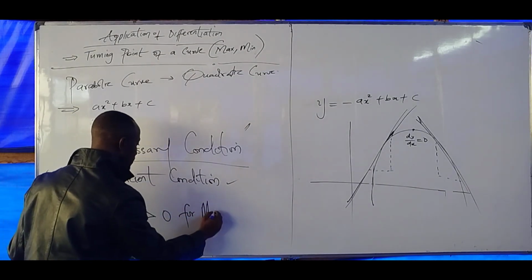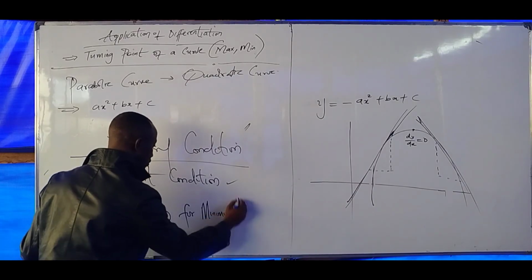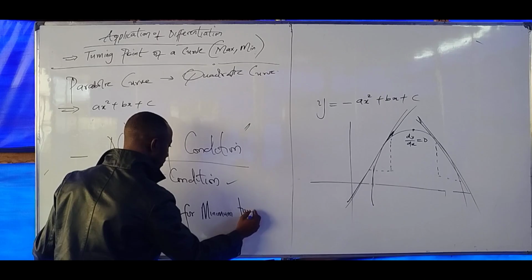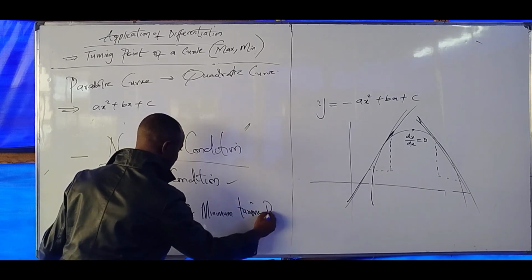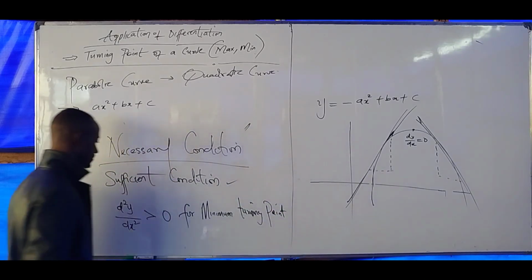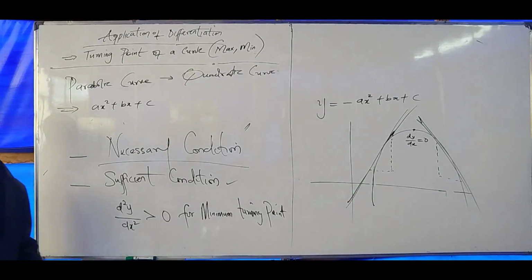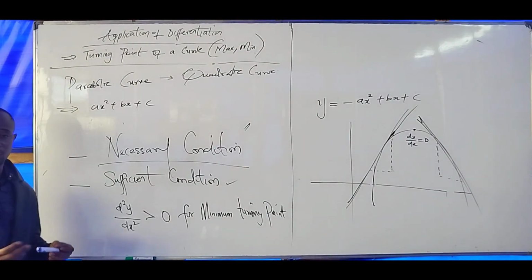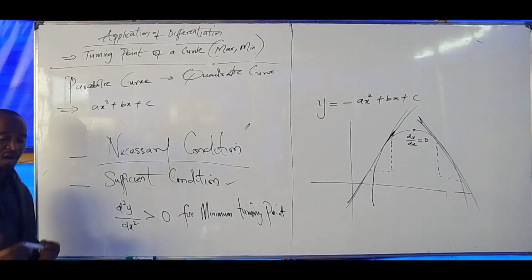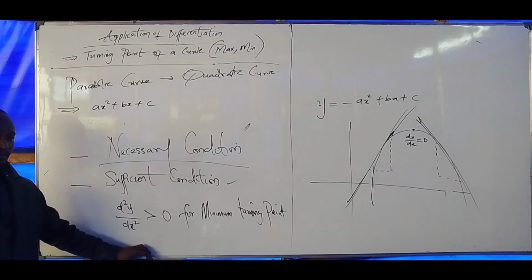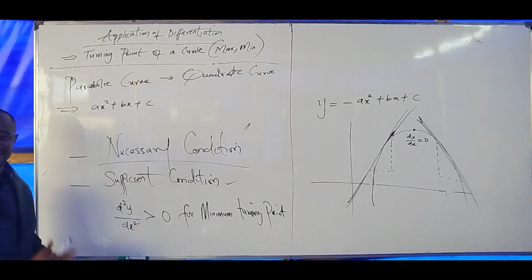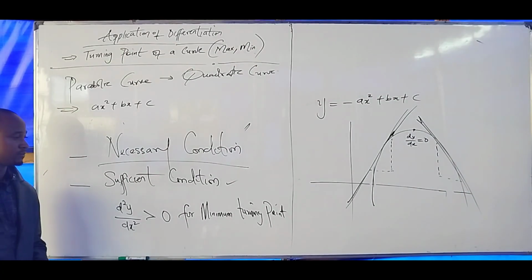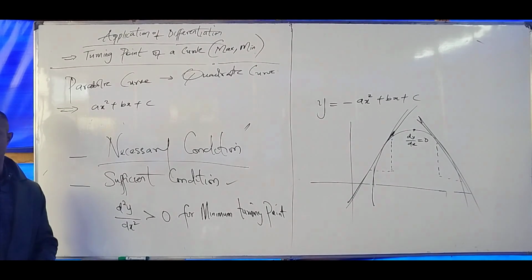For a minimum turning point. Are you there? For a minimum what? Turning point. But it must be less than 0 for a maximum turning point. Must be less than 0 for a maximum what?